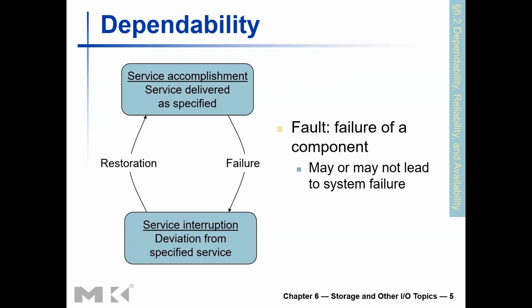If the device is in the service accomplishment state, due to a failure, it will transit to the service interruption state. And from the service interruption state, after restoration, it will go to the service accomplishment state.